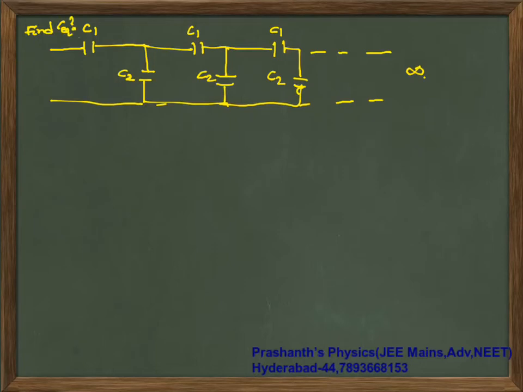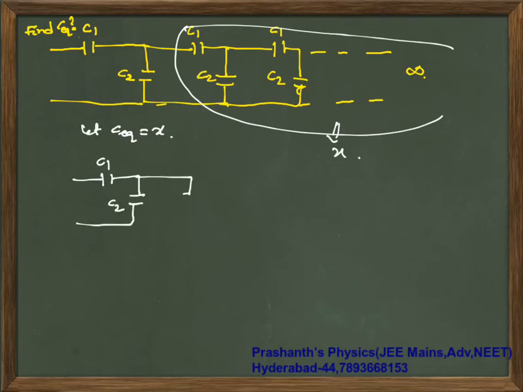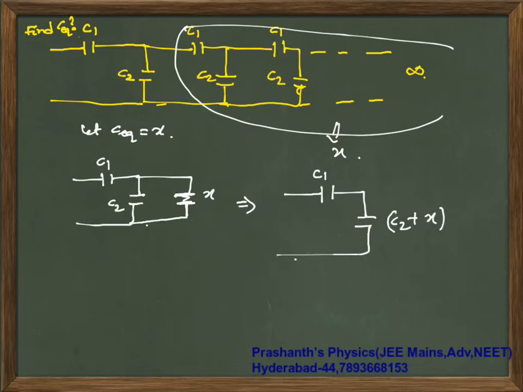If you assume this part to be X, let C equivalent be equal to X. Since the equivalent is X, that repeating part we can replace with X. So that gives you C1, C2, followed by an equivalent capacitance of X. Now these two are in parallel, so it is C2 plus X. Now these two are in series, so C1 C2 by C1 plus C2.